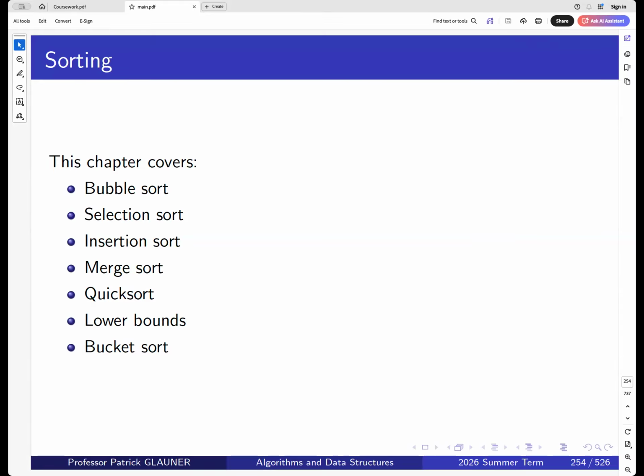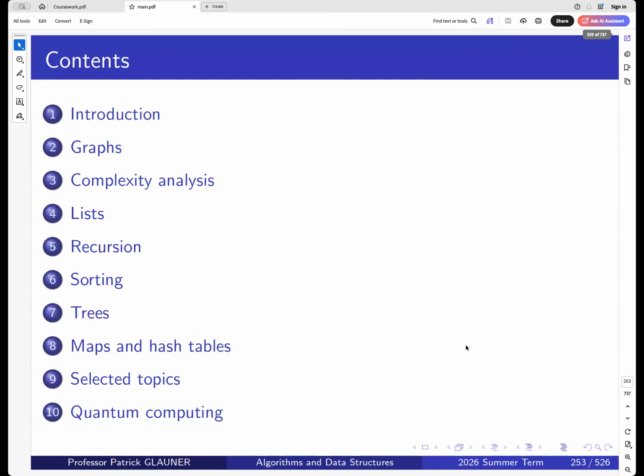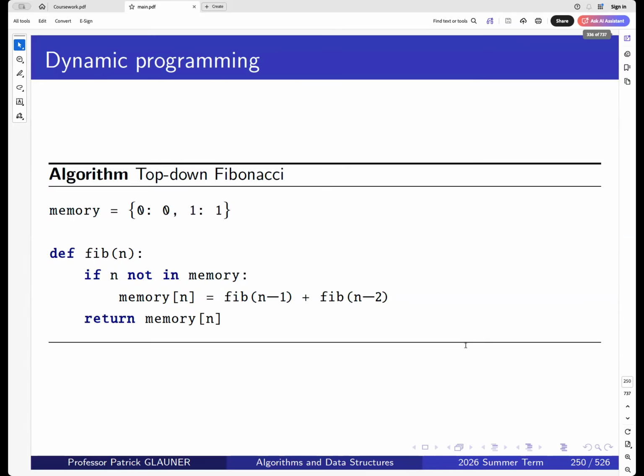And there was just another interesting question: for the top-down approach, if we can delete the memory if we don't use it for a while. Yes, you can delete it. So you can just overwrite the memory with the initial settings. You have to manage this yourself, however.